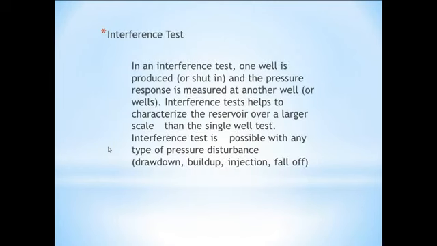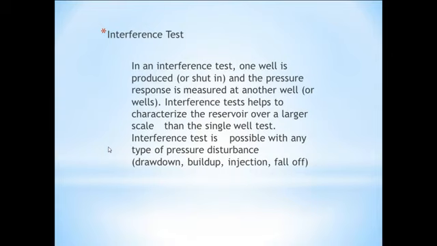In an interference test, one well is produced or shut in, and the pressure response is measured at another well or wells. An interference test helps us to characterize the reservoir over a large scale rather than a single well test.